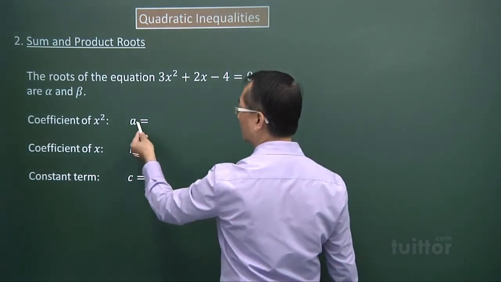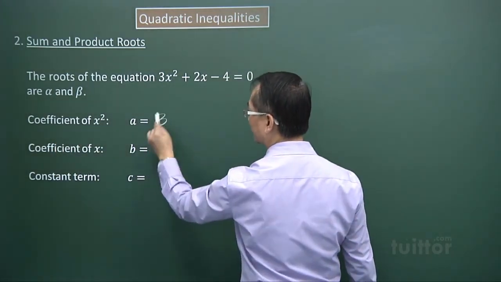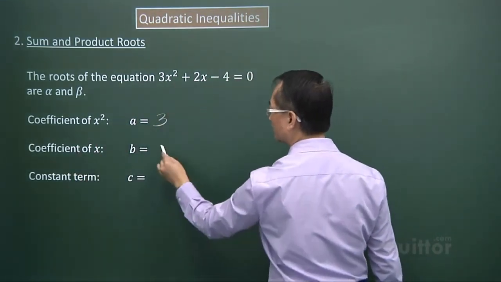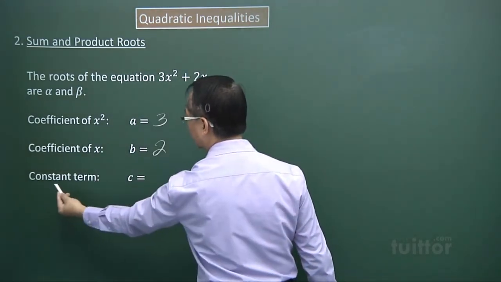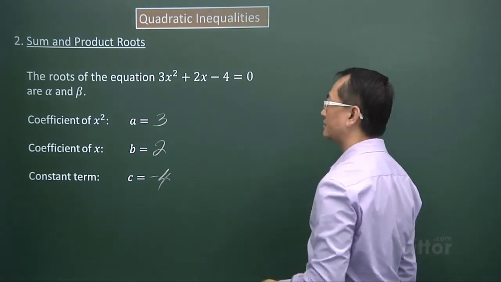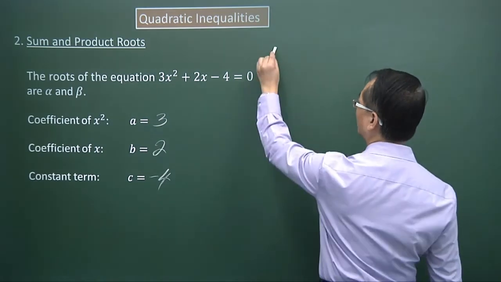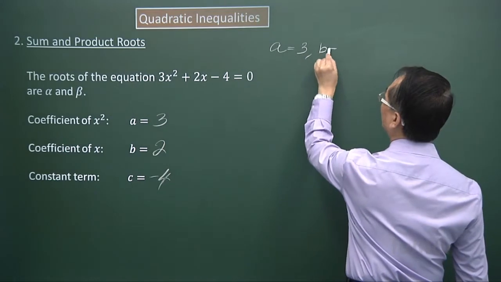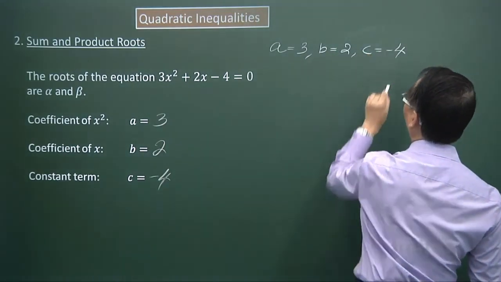So a, which is the coefficient of x squared, is just 3. b, the coefficient of x, is just 2. And c is just the constant term, in this case, -4. So we have this result which we'll use later on: a equals 3, b equals 2, and c equals -4.